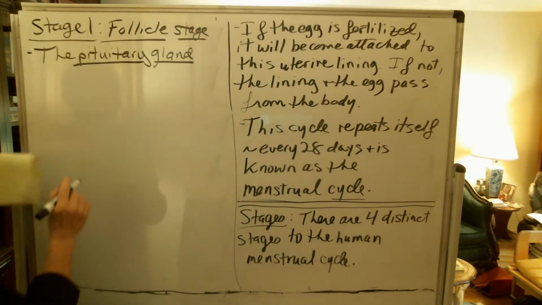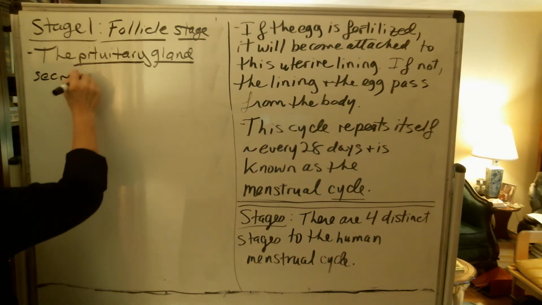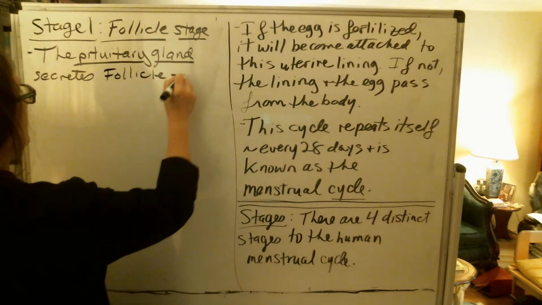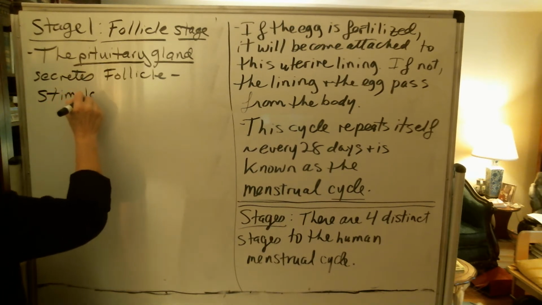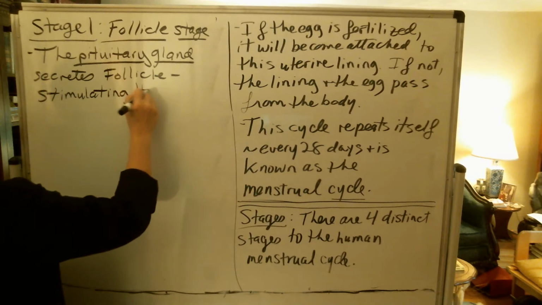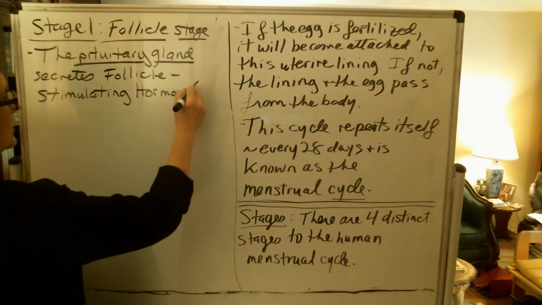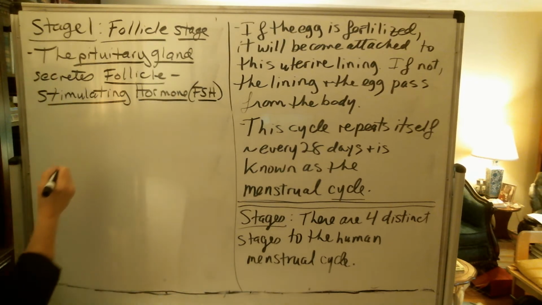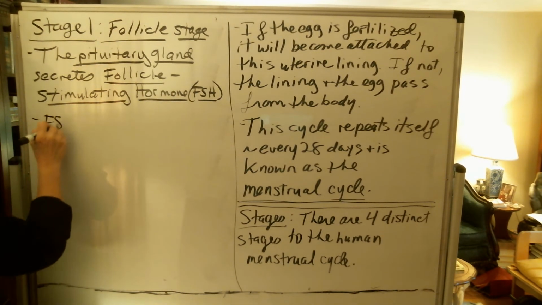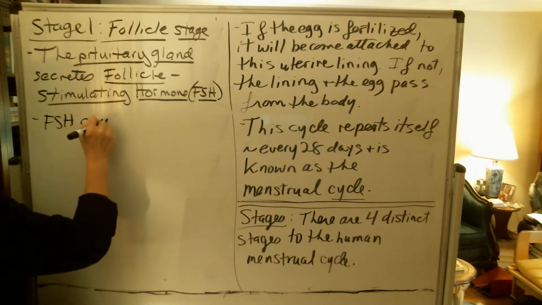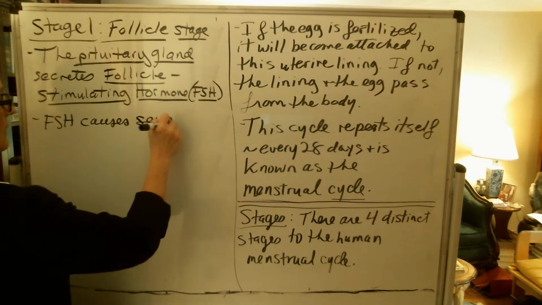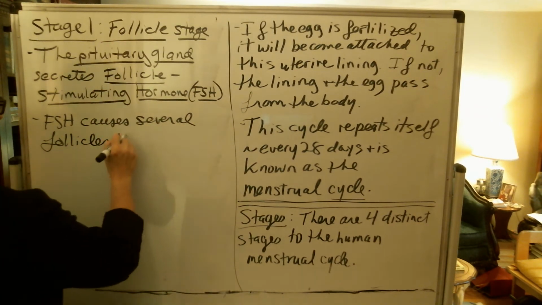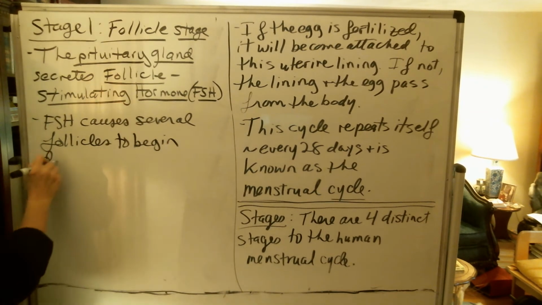So the pituitary gland then secretes follicle stimulating hormone, often known as FSH. And FSH then, as the name implies, causes several follicles, that is to say egg follicles, to begin developing.